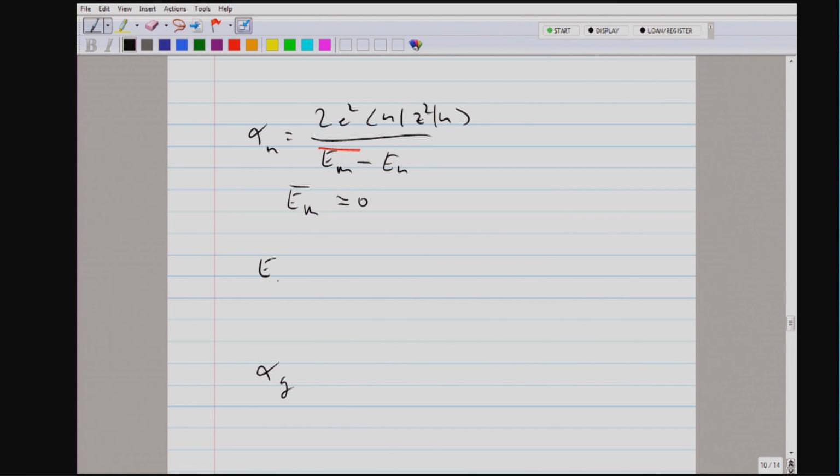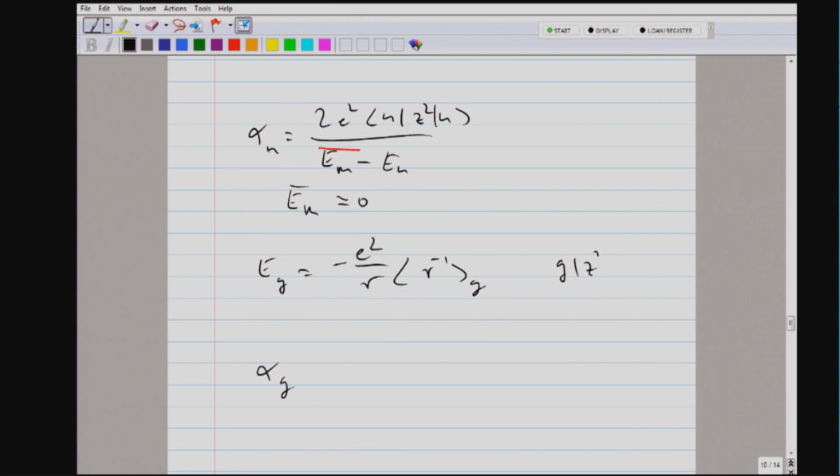And this goes as follows. The ground state energy is, we've discussed Coulomb energy, Virial theorem, and all that. We need just 1 over r in the ground state. And for the z squared matrix element, we can simply say for an S state that x squared, y squared, z squared, it is a third of r squared in the ground state.